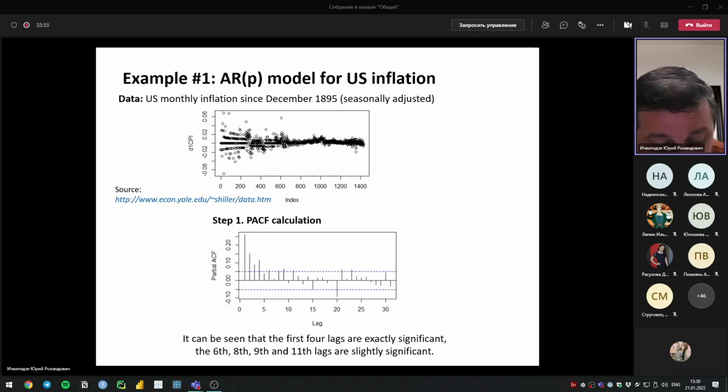There will be such microscopic improvements in the accuracy of the forecast that it is quite possible to ignore these distant lags and not include them in the model. From the standpoint of forecasting accuracy, the first four lags will influence the forecast, and everything else will have such a small influence that it can be neglected in practice. Although theoretically, of course, all of this should be included in the model.